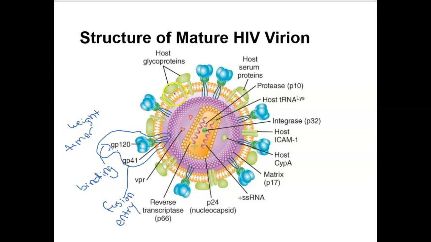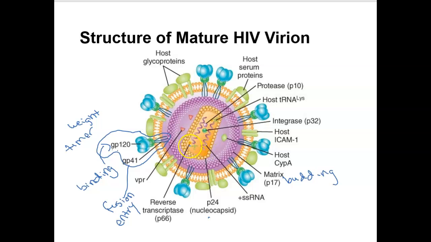And then we've got the matrix. The matrix helps with budding. And inside we've got the core. We've got the nucleocapsid, which is going to protect the viral genome. We've got the genome that's shown here with the little squiggles. It's an RNA virus, and we've got 2 copies.